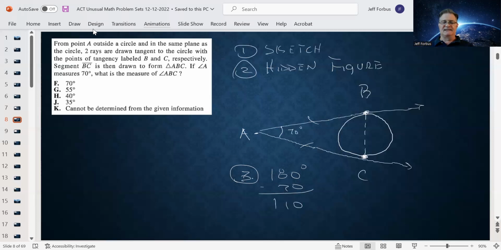Now, B and C will be split among the 110. So 110 divided by 2, 55. Therefore, B and C are 55 degrees. And in this case, it is answer choice G.